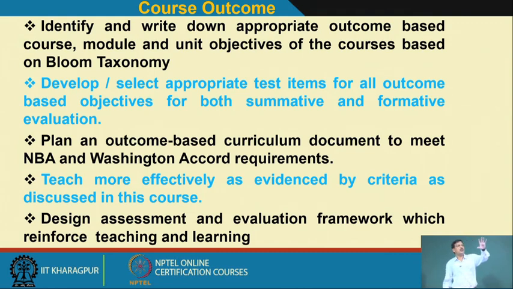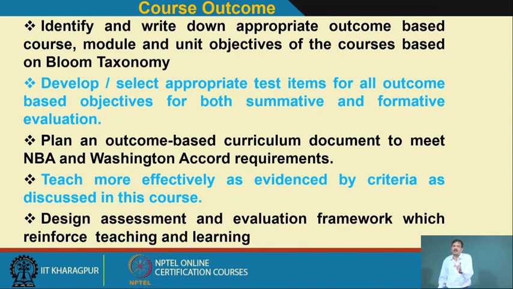Suppose a course is 40 hours, generally you consider a 40-hour course, and 1 hour is referred to as one unit. A course may contain 5 modules. So, 5 module objectives, unit objectives, then the takeaway of your course.